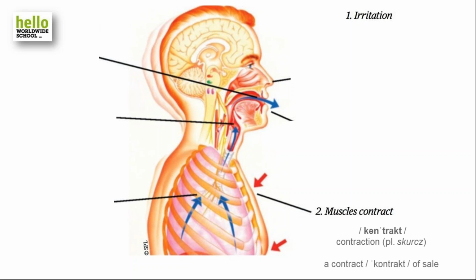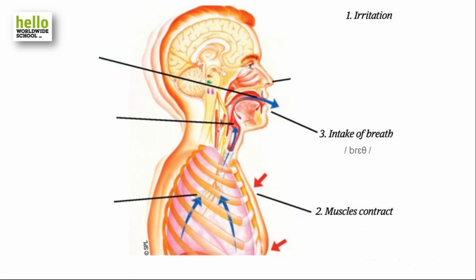That's my point for you. So contract is a verb, and a noun that is related to it is contraction. Okay, so it's like something contracts. But it's so different from the word contract, like contract of sale. Do you know what I mean?